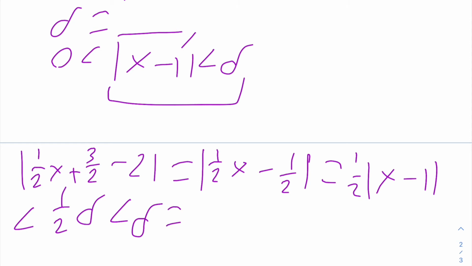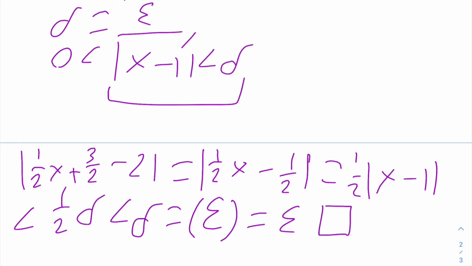So then we can just say that delta is equal to epsilon, right? So you could have done 2 epsilon, epsilon, really anything smaller than 2 epsilon would suffice.